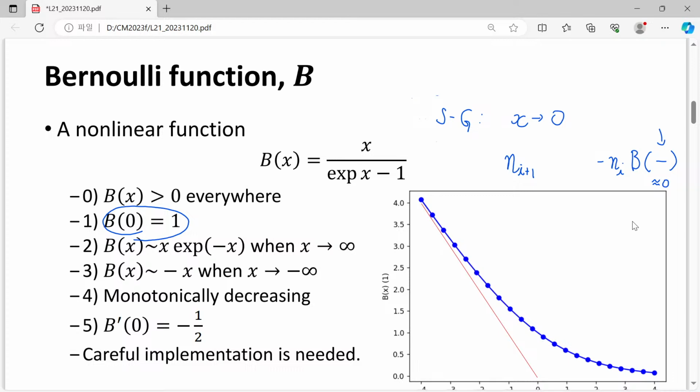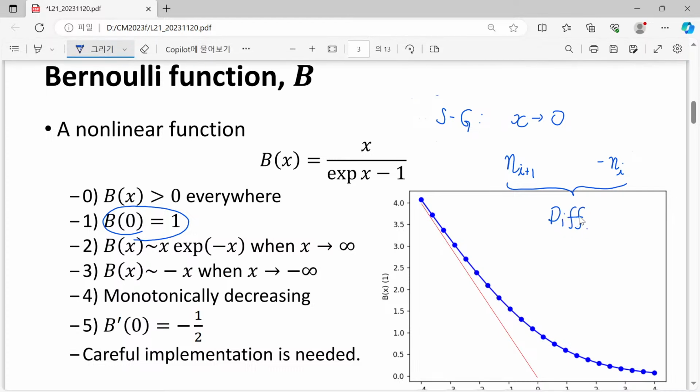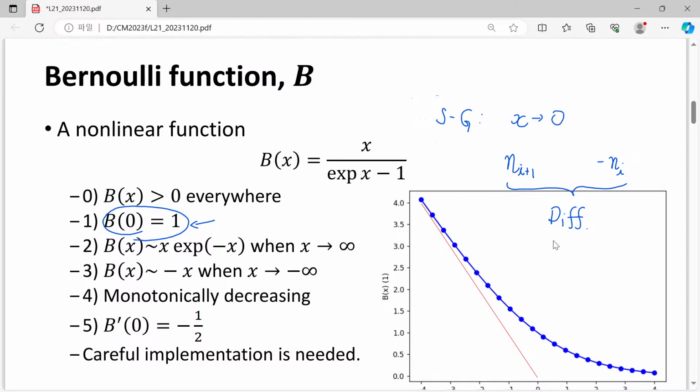So we will have just a simple form like this. What is this? This corresponds to diffusion. Simply speaking, when we have a small potential difference between two nodes, it cascades into the diffusion form.